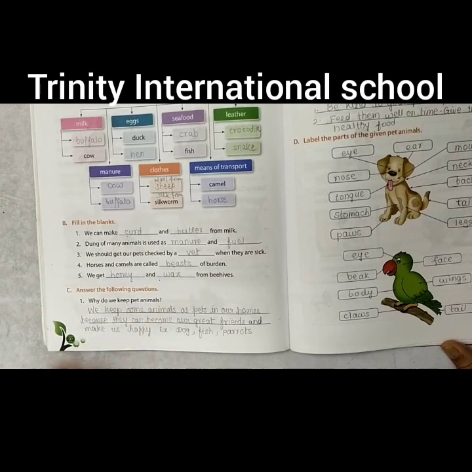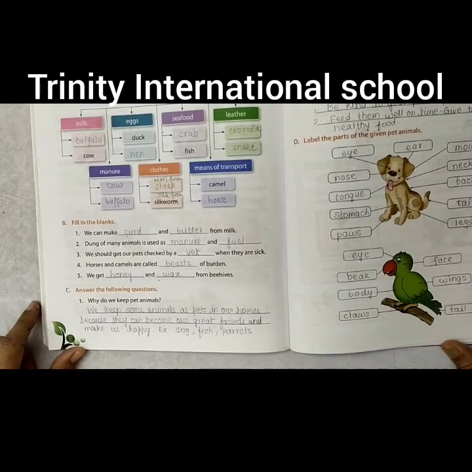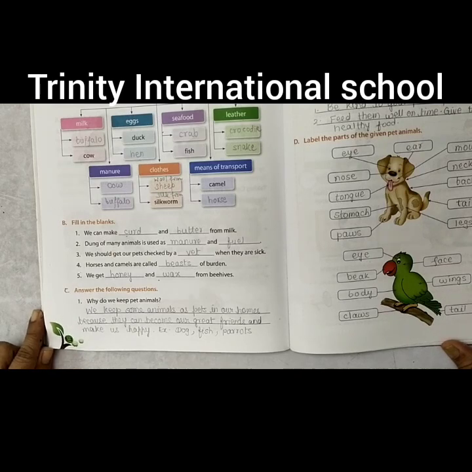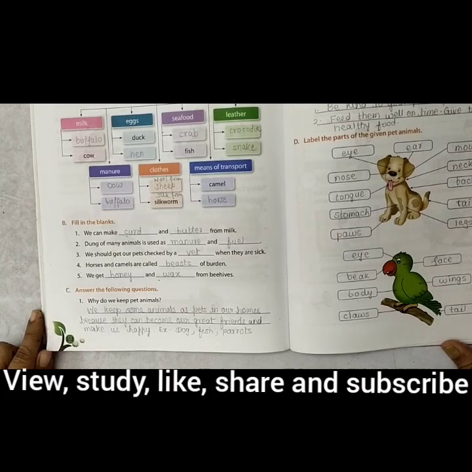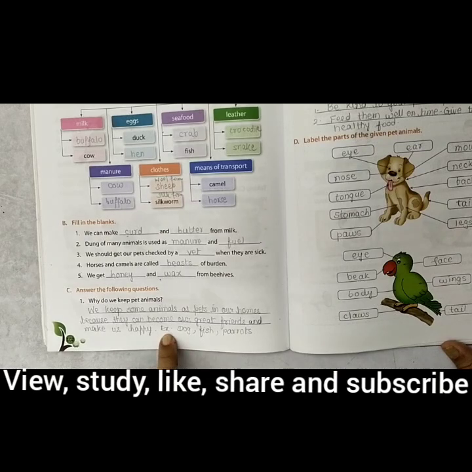Why do we keep pet animals? Write down the answer. We keep some animals as pets in our homes because they can become our great friends and make us happy. Now, which are the animals we keep as pet animals?